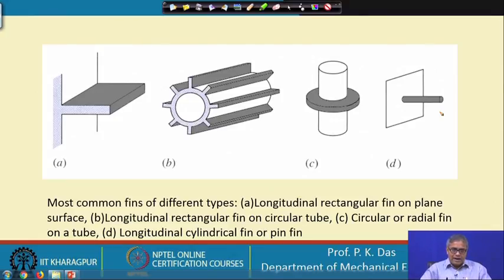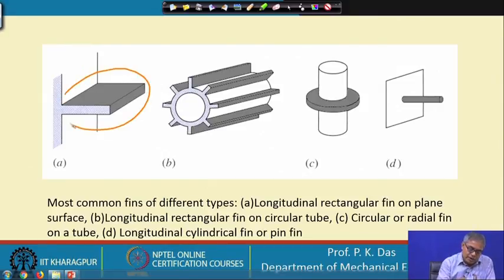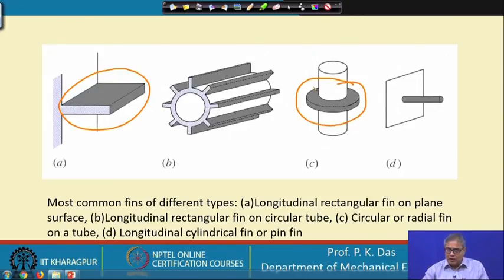Again I draw your attention that in case of planar fin only one fin has been shown. In case of radial fin, which is also called circular fin or annular fin, only one fin has been shown.